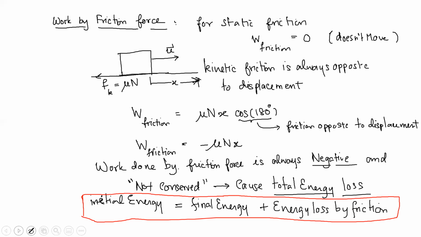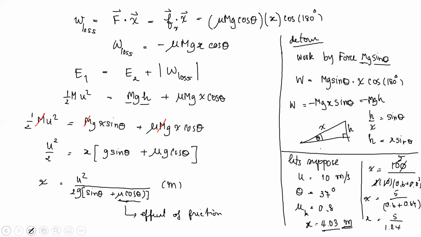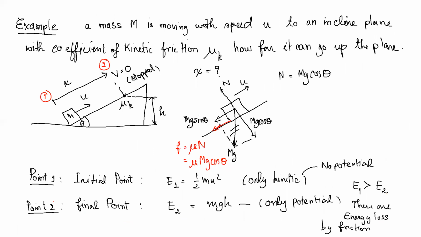And then, for example, this problem: mass m is moving with speed u up the inclined plane with coefficient of kinetic friction mu k.